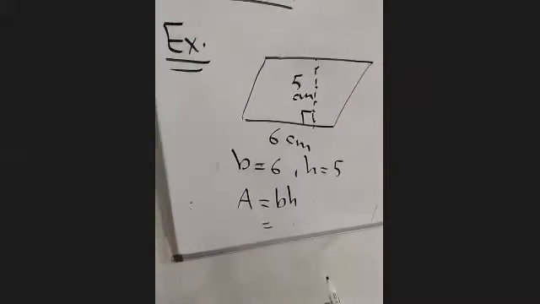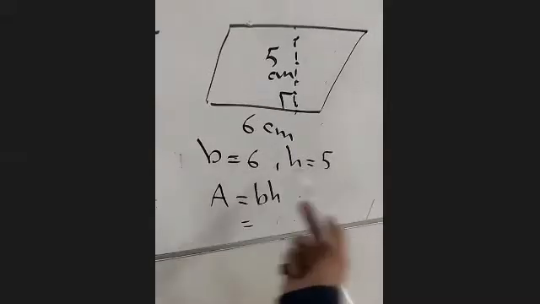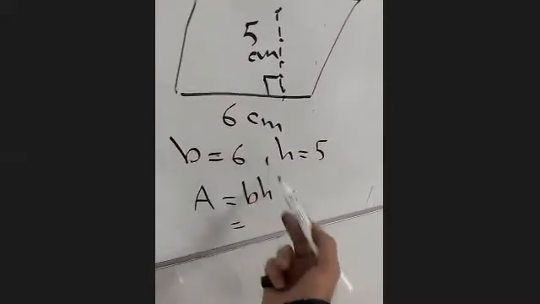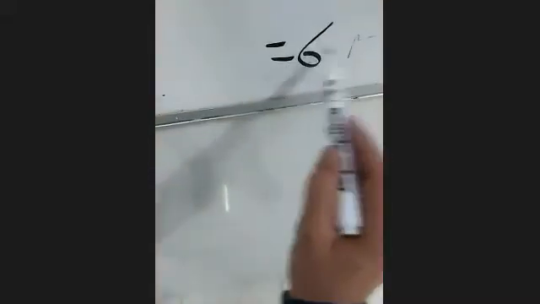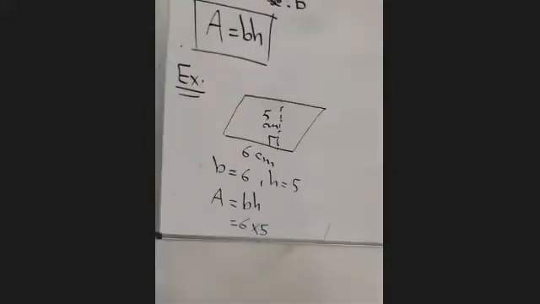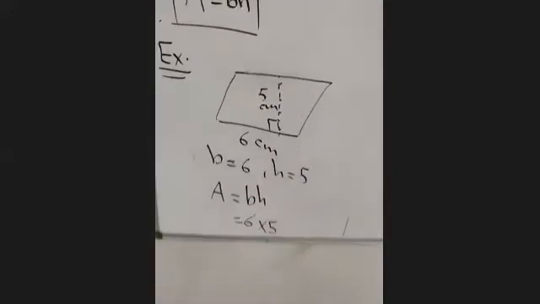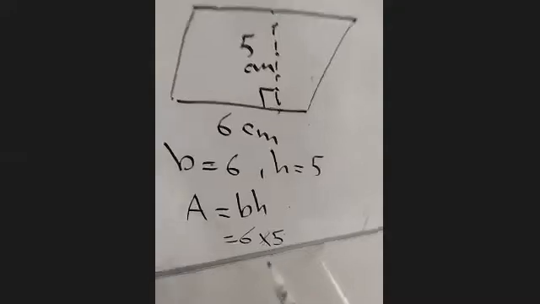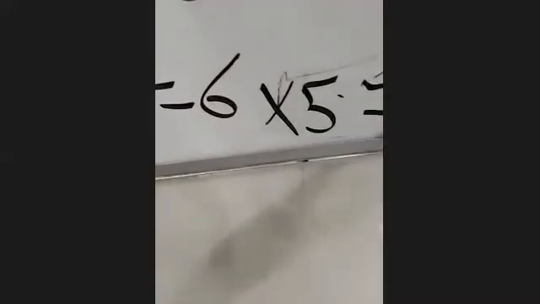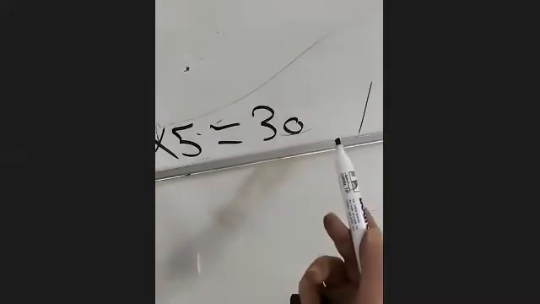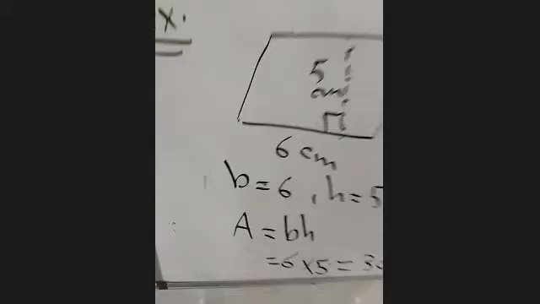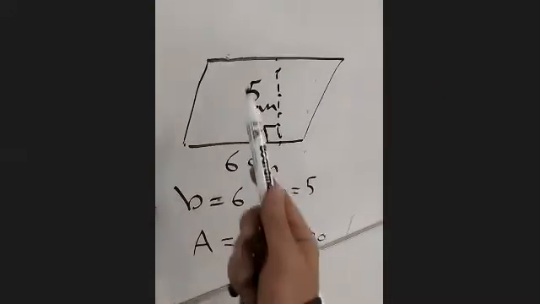Now what's next? We replace the variables by the given numbers. B is 6, H is 5, not 65. It is 6 multiply 5. Don't forget that. BH means B multiply H. Now 6 multiply 5 is equal to 30. The unit here is centimeter.